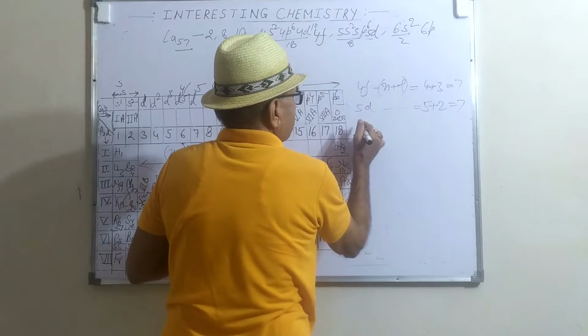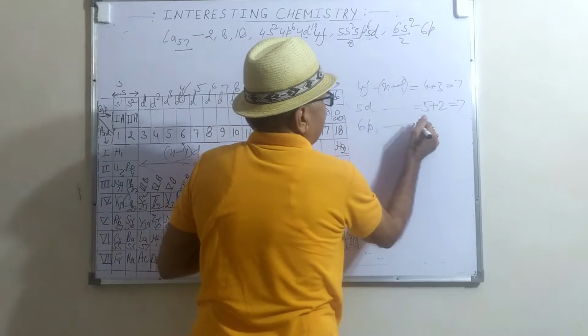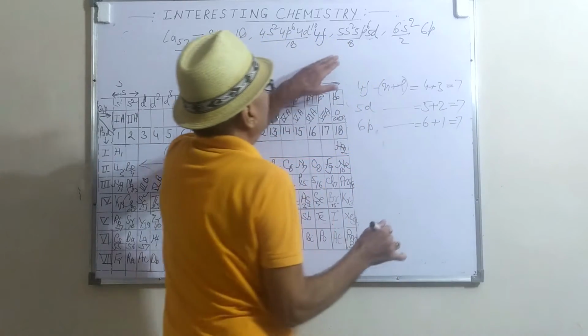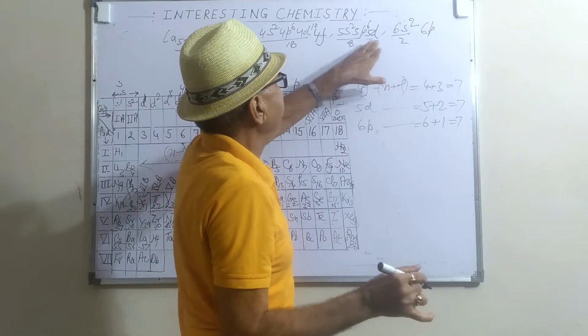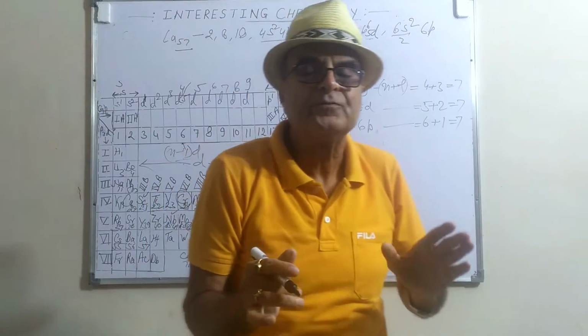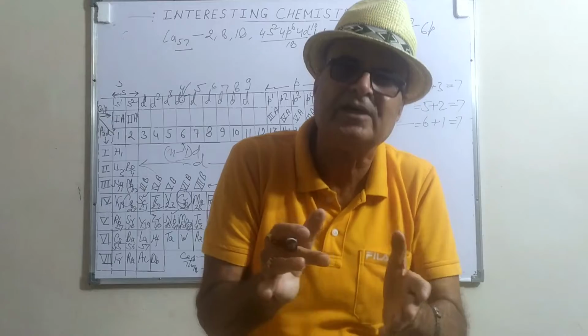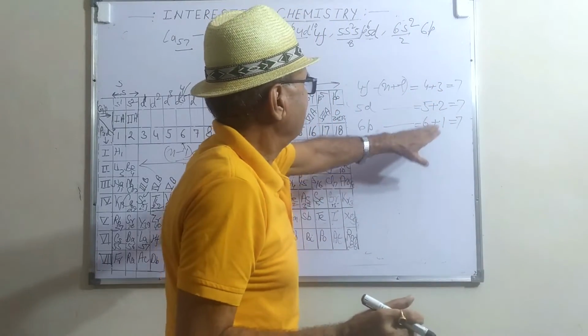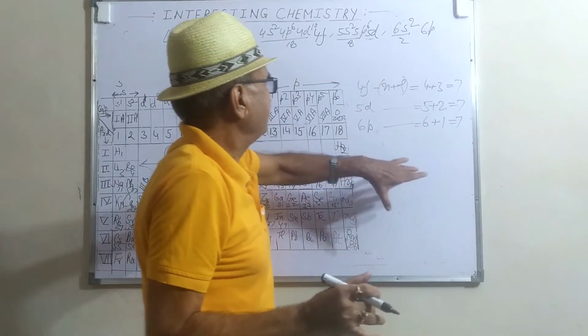For 6p, it is 6 plus 1, also 7. So all three orbitals 4f, 5d and 6p have the same value of n plus l, 7.